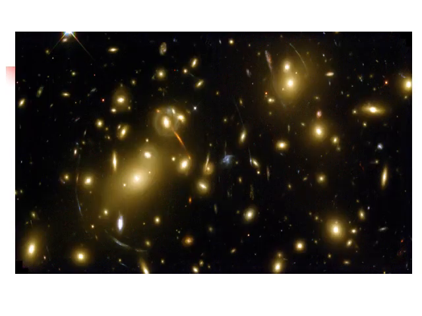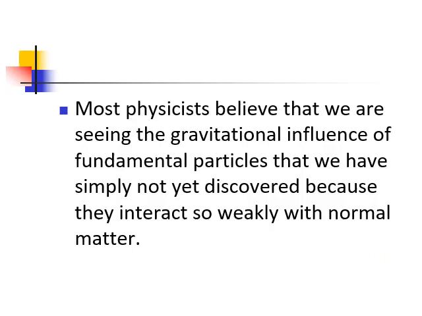You see these kind of spirally bits around the edge here, these kind of streaks that are there. This is the gravitational lensing effect. So most physicists believe we are seeing the gravitational influence of fundamental particles that we have not yet discovered because they interact so weakly with normal matter.